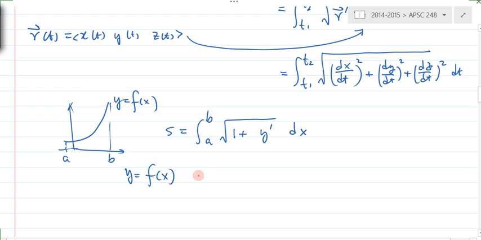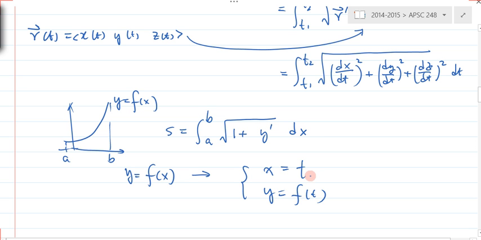What would you do to parameterize this? Remember in the previous lecture, what did I do? x equal to t, exactly. y equal to f of t. That's the simplest way to parameterize it.